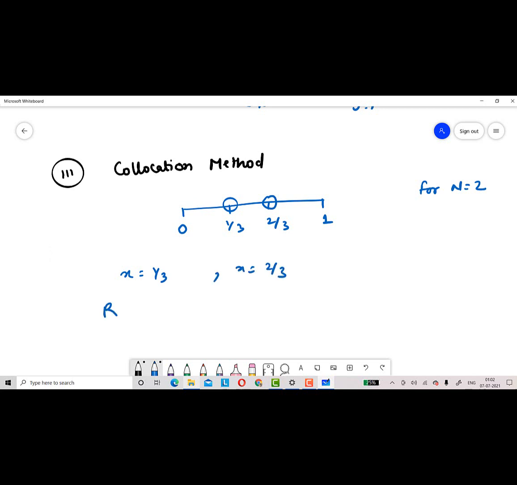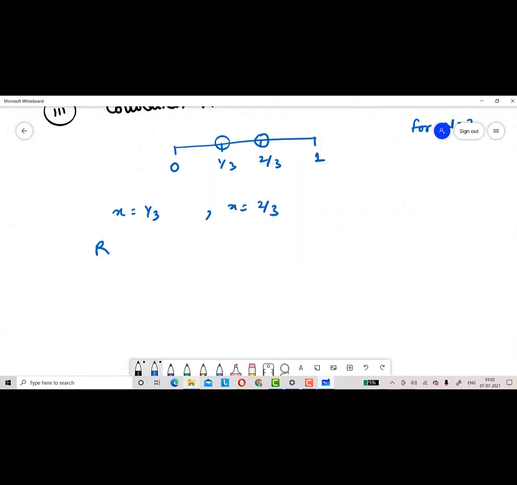On solving r at 1 by 3, we already knew that our residual is C1 (2 plus x square minus 2x) plus C2 (x cube plus 3x plus x square minus x).